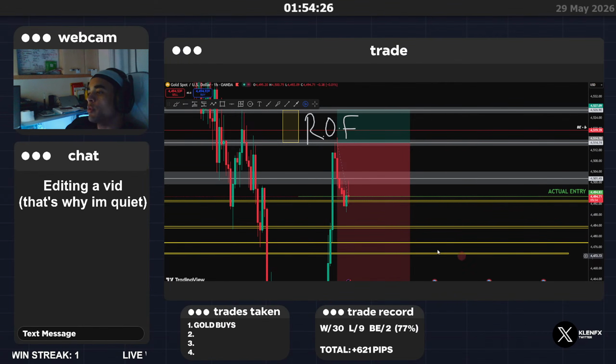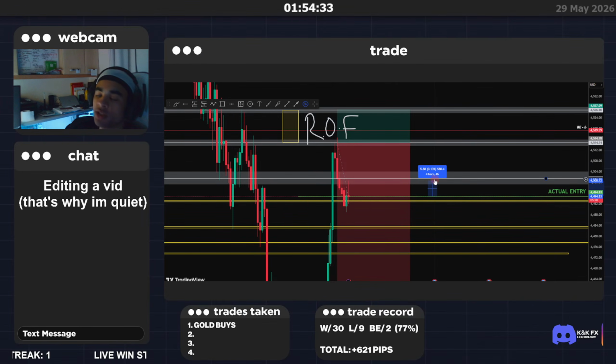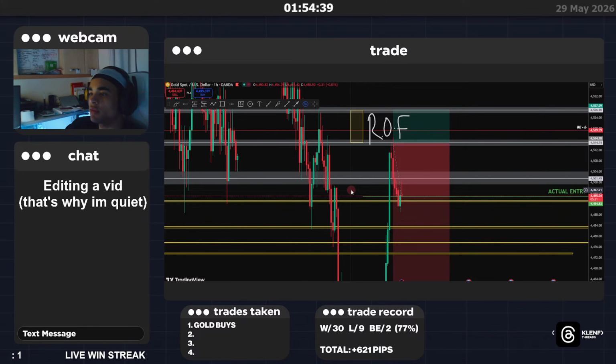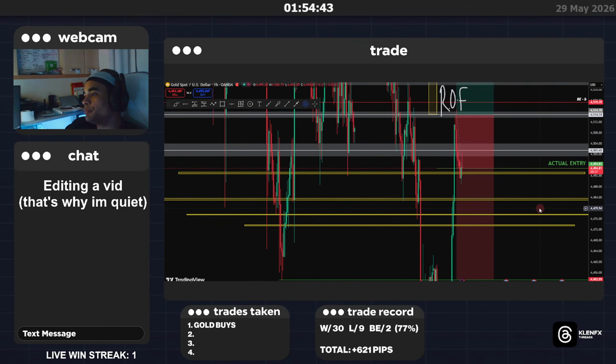We're still at entry point. We did push up, it would seem 60 pips, which we could have taken. Why would we take it? Because potentially there's a rejection zone here, but it's not really in line with the idea. The overall idea is up here. So we pushed up 60 pips.